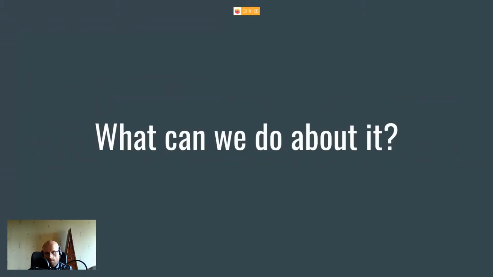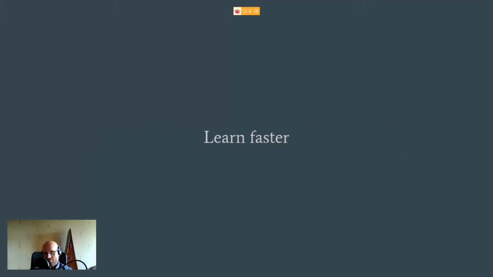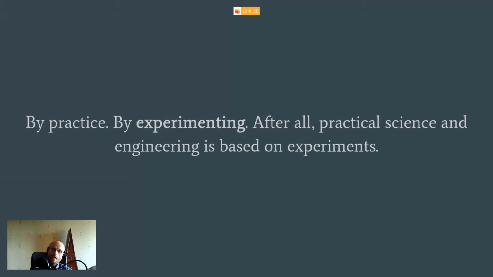So what can we do about it? Naturally, we need to learn faster. There is no other way. But the question is, what's the best way to actually gain this knowledge? The answer is by experimenting, by practice.